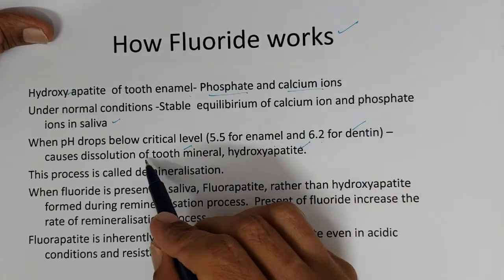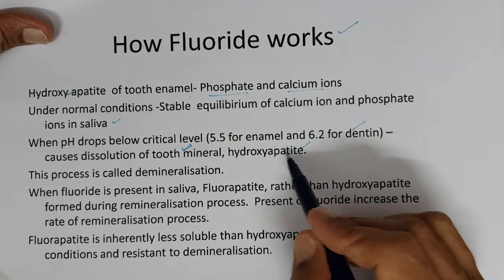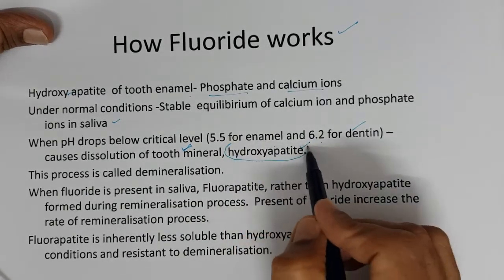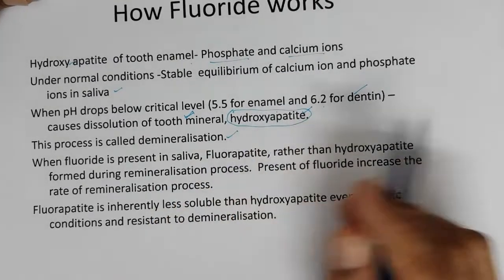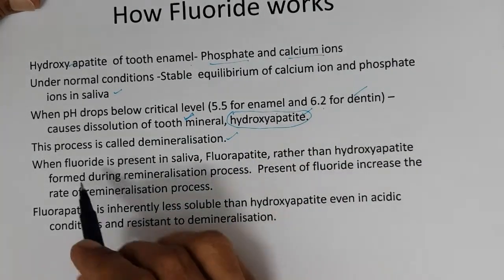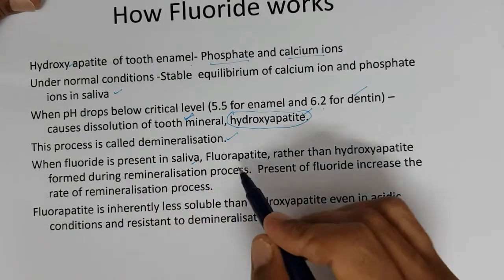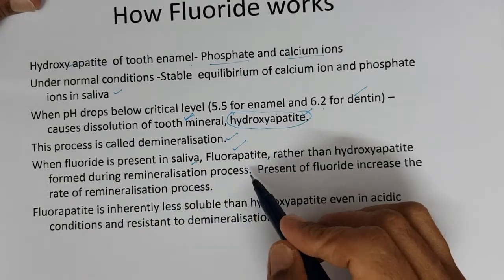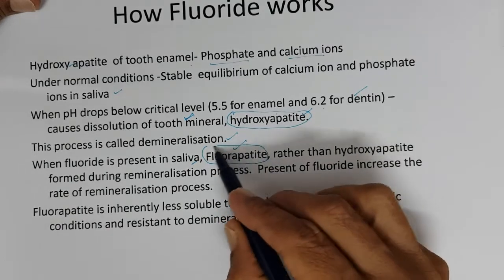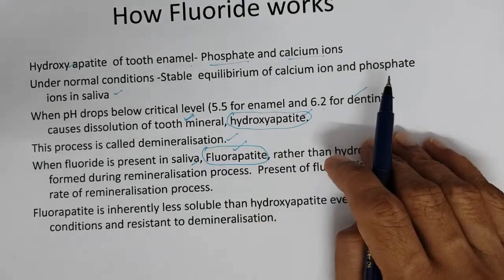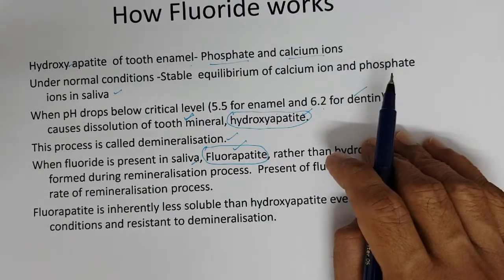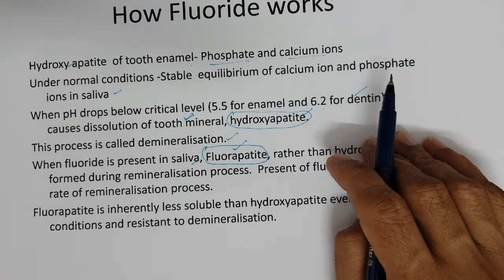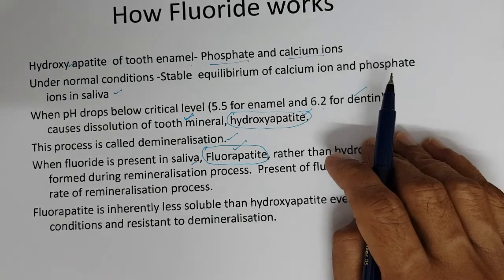This process is called demineralization. When fluoride is present in saliva, fluorapatite is formed. Saliva has this natural mineral and keeps on redepositing it; when erosion happens, saliva redeposits fluorophosphate on the teeth.